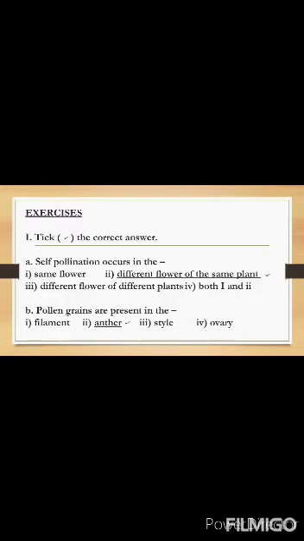Students, now let's start exercises from this lesson. First one, tick the correct answer. A. Self-pollination occurs in the dash. Answer is different flower of the same plant. B. Pollen grains are present in the dash. Answer is anther.